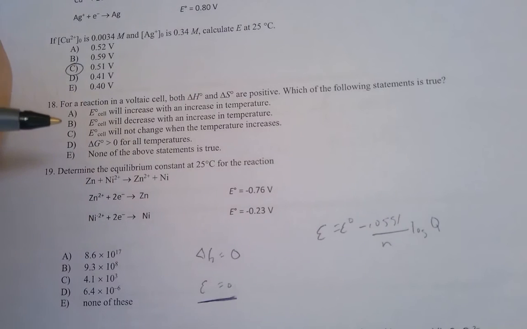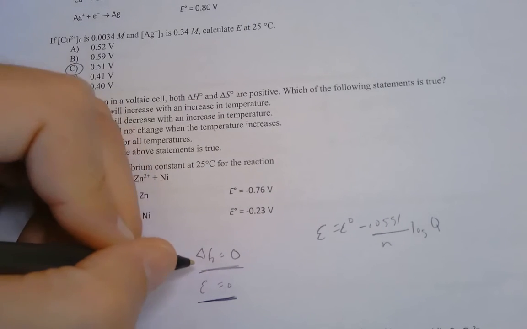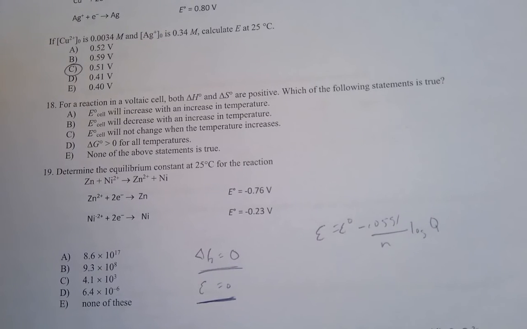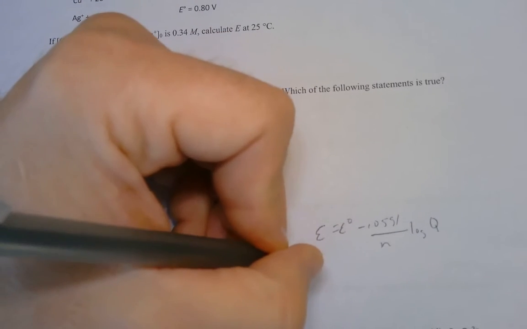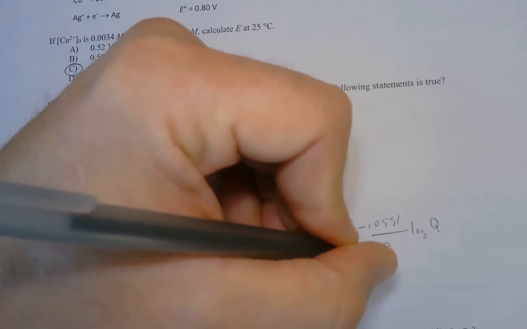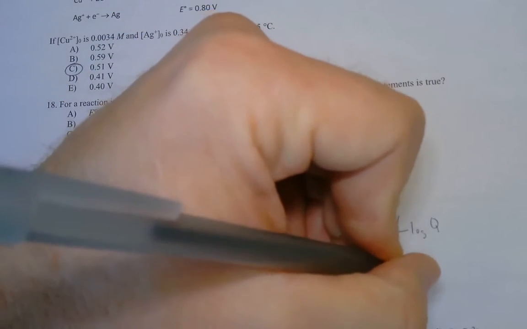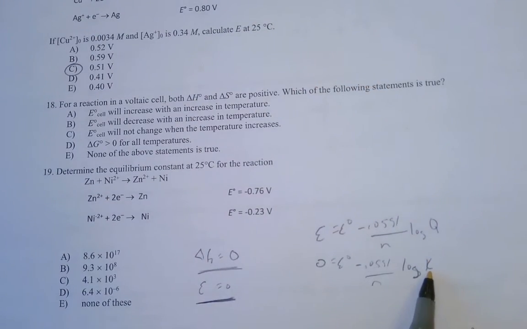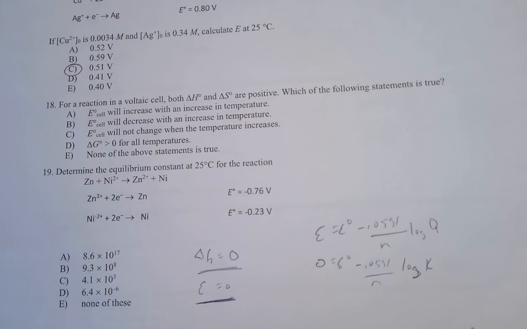We know our delta G is 0, and also our electric potential, if it's at equilibrium, the cell stopped working, right? So that means I can plug 0 in for this and say E standard naught equals negative 0.0591 over N times log of not Q, but log of K, right? So since we're at equilibrium, Q now becomes K.